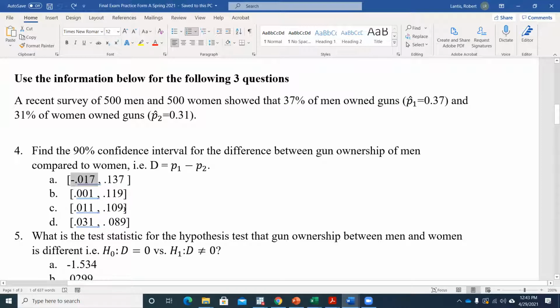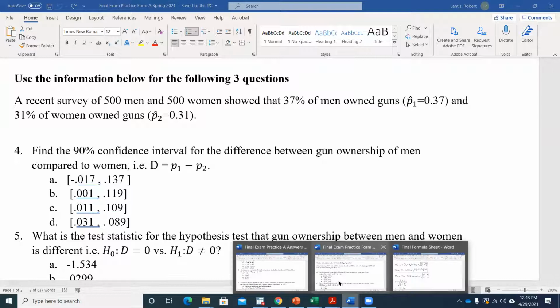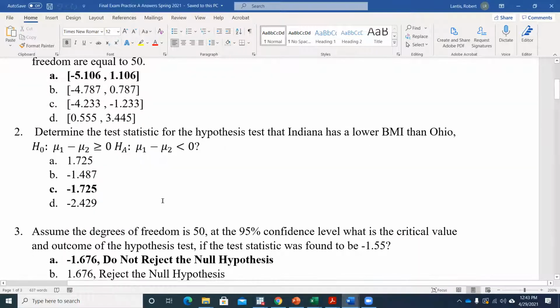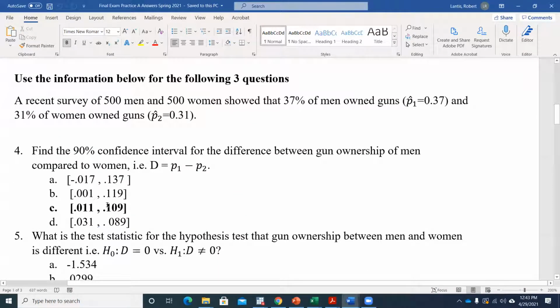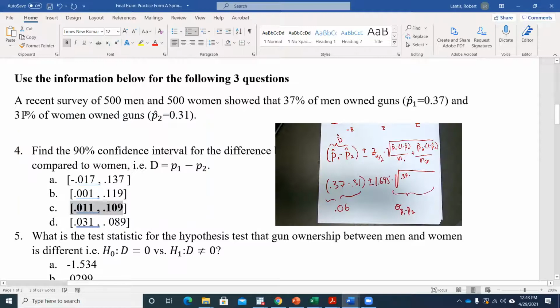Okay, so if we round it, I think it's this one right here. Let's double check my calculation here real quick. But yeah, you should get that 0.109. Okay. So if we get that entered into our calculator correctly, we should get the upper and lower bound there of 0.011 and 0.109.